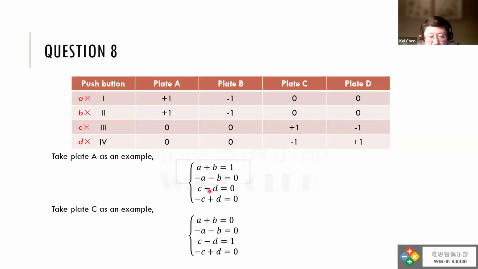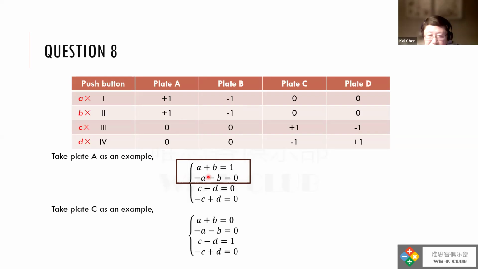We can also see that these are contradictory to each other. On one hand, A plus B should be 1, and the second equation says minus A minus B should be 0. How can that happen? They are contradictory. We cannot find a solution for this. If A plus B is 1, then minus A minus B should be -1.